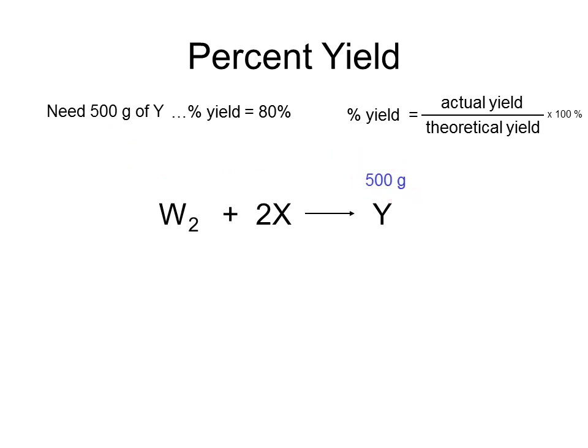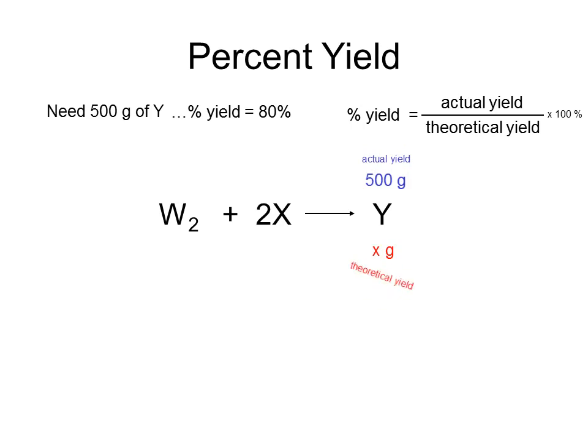Now normally I write the information below the equation, but if I am using an actual yield, my method is going to suggest writing it above the reaction. That's the actual yield. We're going to have to find the theoretical yield, which is always what we calculate on the bottom.